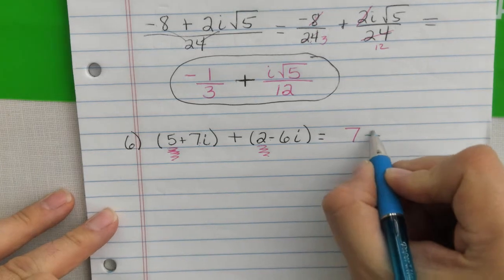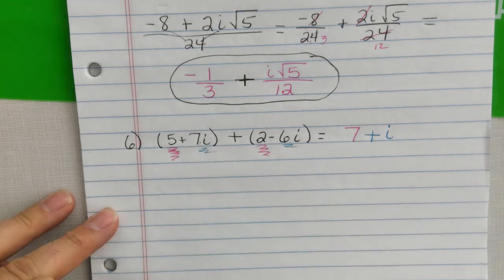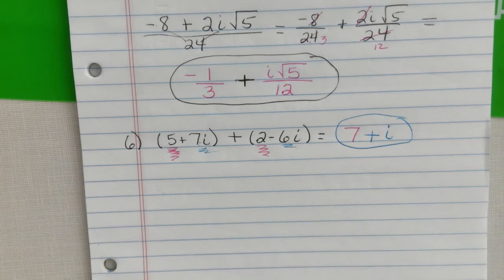So I'll just write plus i. If you want to write plus 1i or type it in, it'll take it. So 7 plus i. So if you wanted to write a rule, how do you add complex numbers? Well, you just combine like terms. Now what did I say the answer was? 7 plus i. Notice how it's spacing it nicely. So to add complex numbers, you combine like terms.